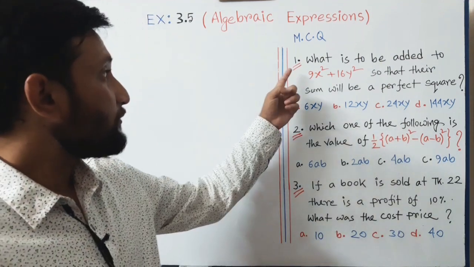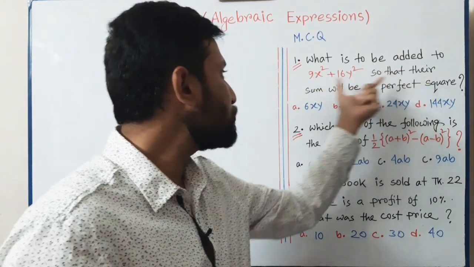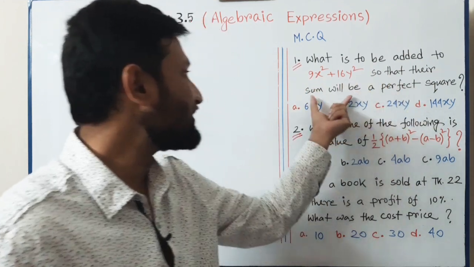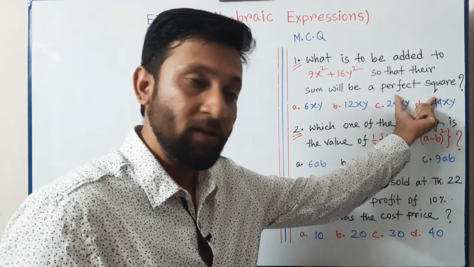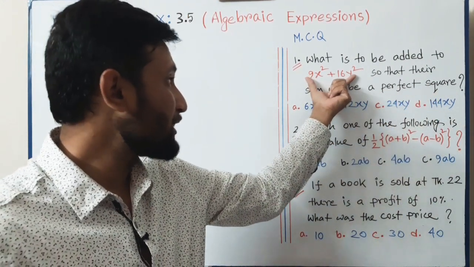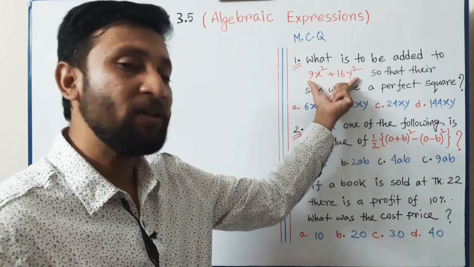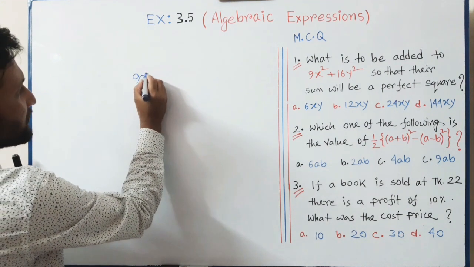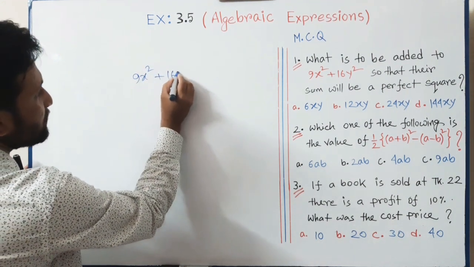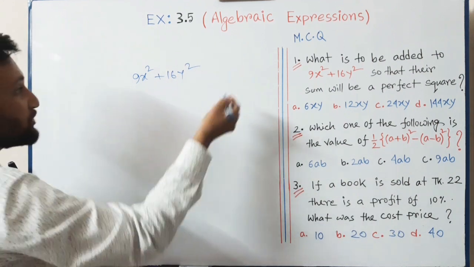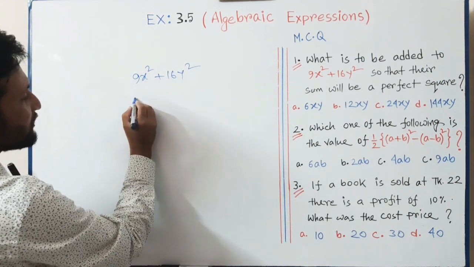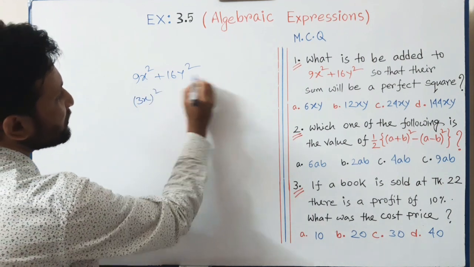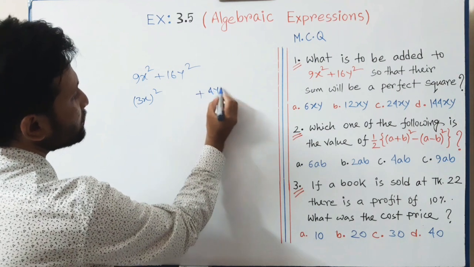Here see that the first question is: what is to be added to this expression, that means 9x square plus 16y square, so that their sum will be a perfect square. To be a perfect square we can use a technique. 9x square we can say is 3x whole square, and 16y square we can write as 4y whole square.